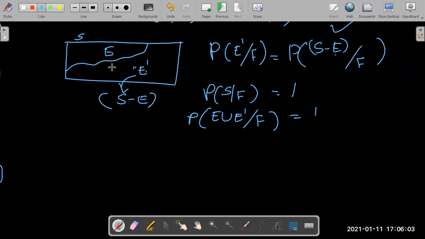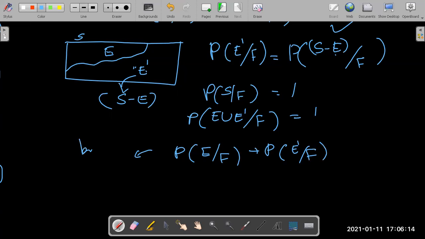That means these two are disjoint. Therefore, this is the probability of E given F plus the probability of E dash given F, just by property 2. And then minus the probability of E intersection E dash given F equals 1.